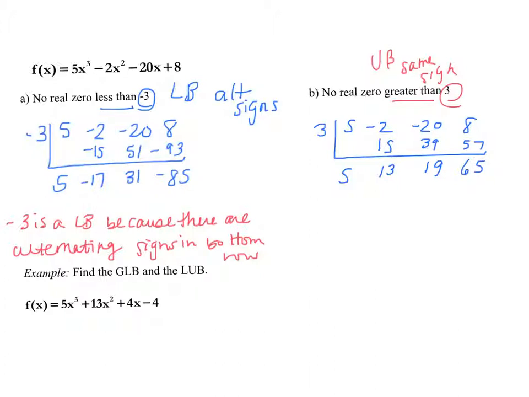And I can see here that yes, this is an upper bound because the entire result row has all positive values. So I could say that 3 is an upper bound because there are all same sign in the bottom row.